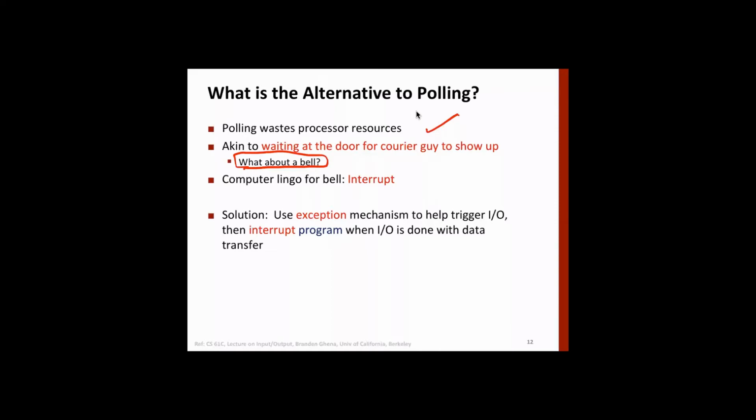So whatever you are working on, you will get interrupted, and then you will go and attend to this guy, and then come back to your seat and start work, right? So what you have got is actually an interrupt, and then you handle the interrupt.